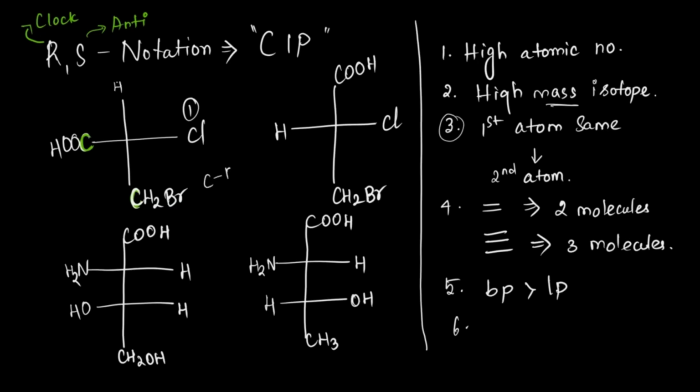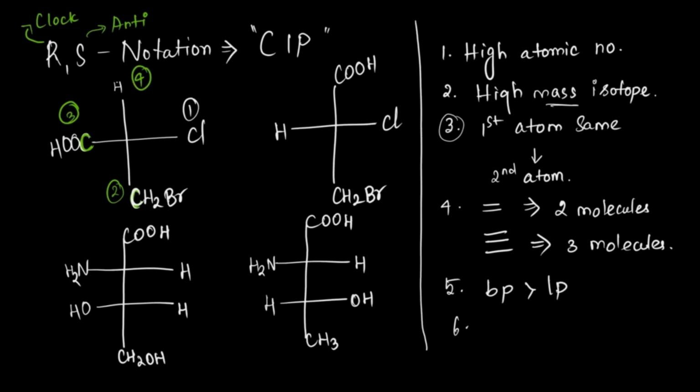Because you can see carbon is attached with Br, so you can take Br as the second atom. What about COOH? Carbon is attached with a double bond O and a single bond OH. So the second priority goes to CH2Br, the third priority is the carboxyl group, and the fourth priority is hydrogen.